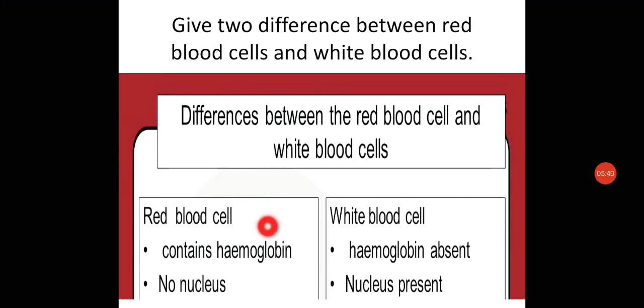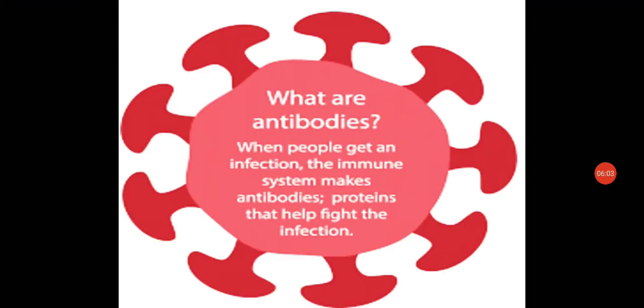A red blood cell contains hemoglobin, while a white blood cell does not contain any hemoglobin. I mean to say, hemoglobin is absent. There is no nucleus in a red blood cell, while in a white blood cell, the nucleus is present.